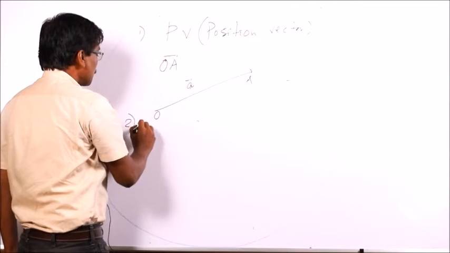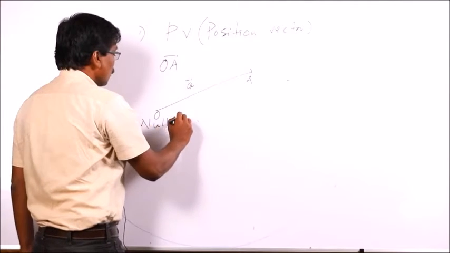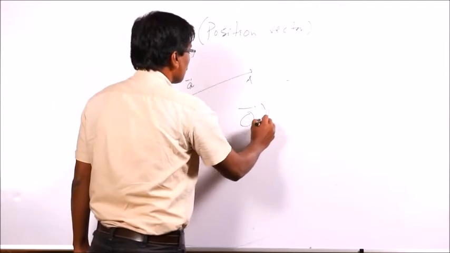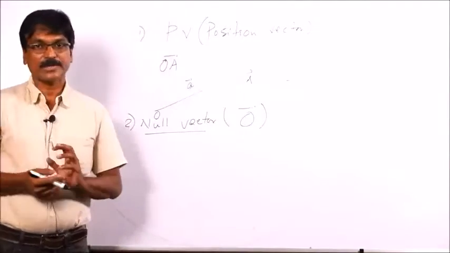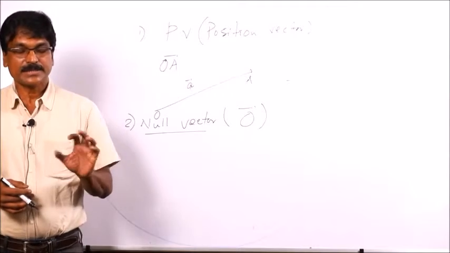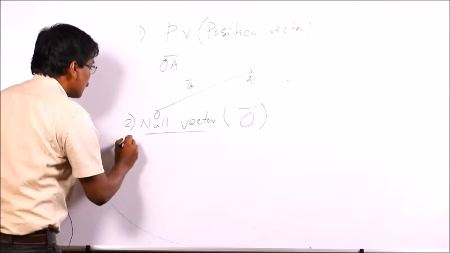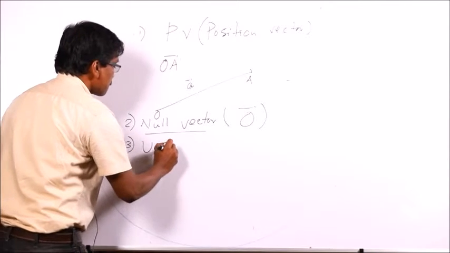The second one is the null vector. A null vector is defined as a zero vector. It has magnitude 0 and arbitrary direction. The third one is called the unit vector.